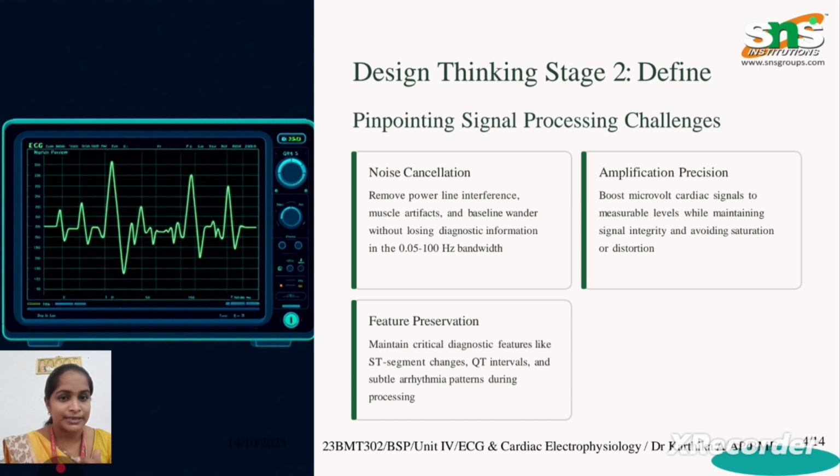In amplification precision, we have to boost our microvolt cardiac signals to measurable levels while maintaining signal integrity and avoiding saturation or distortion. And our third one is feature preservation. Here we have to maintain critical diagnostic features like ST and QT intervals and stable arrhythmia patterns during the signal processing.